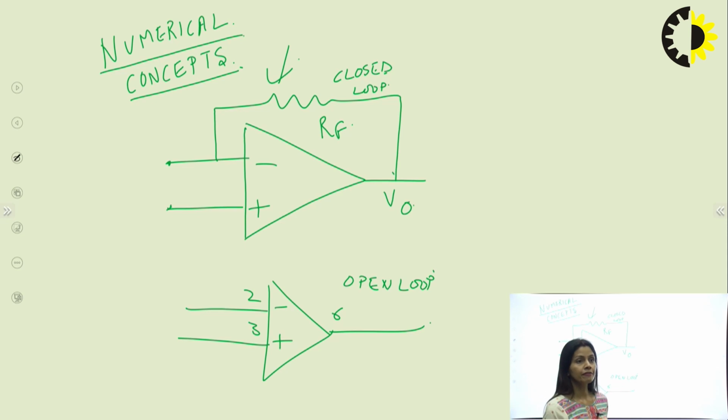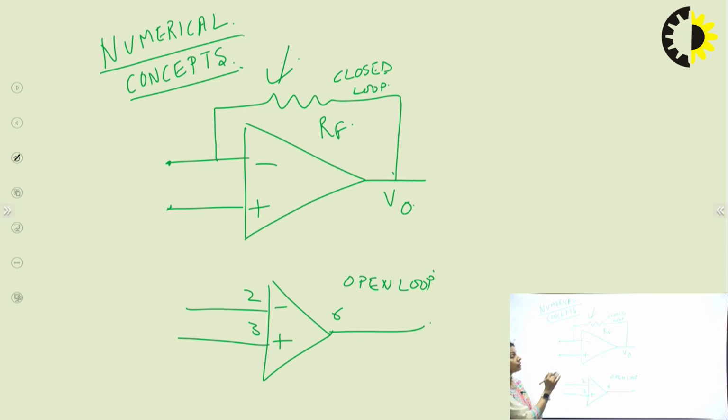After identifying the open loop configuration and the closed loop configuration, we will see from which terminal we are giving the input. Output terminal is fixed, that is point number 6. But we will identify from which terminal we are giving the input, right?